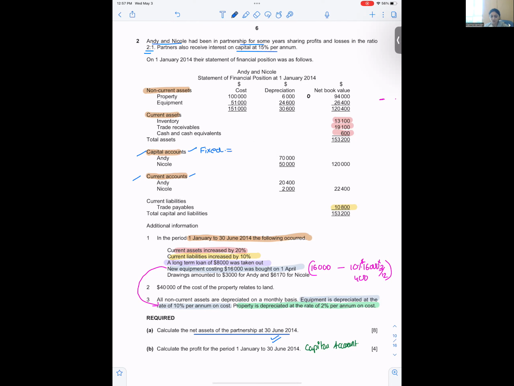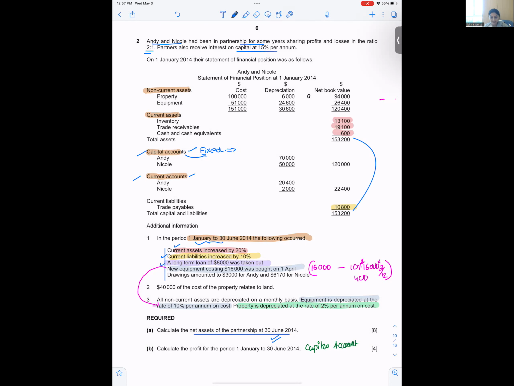I have current liabilities and my total assets is equal to my total liabilities. In the period Jan to June, there have been certain changes that have happened in the current assets, current liabilities.